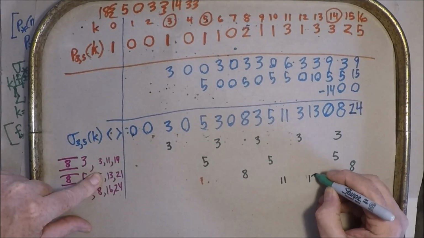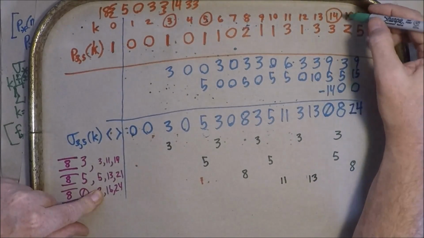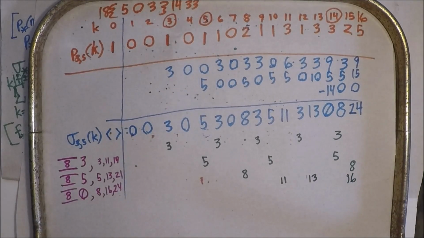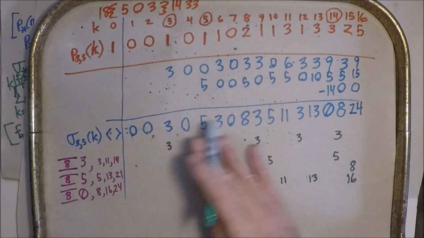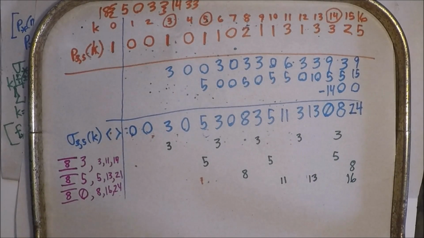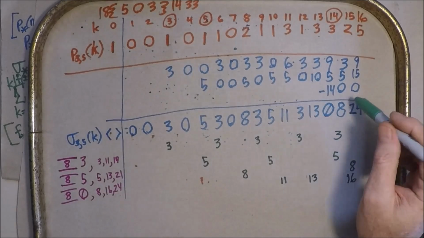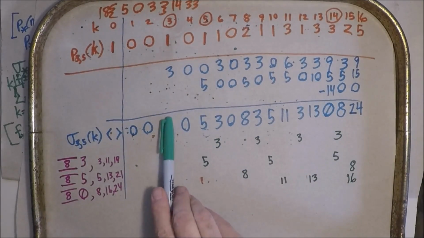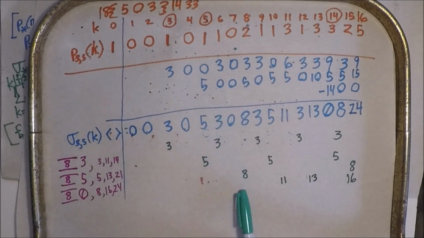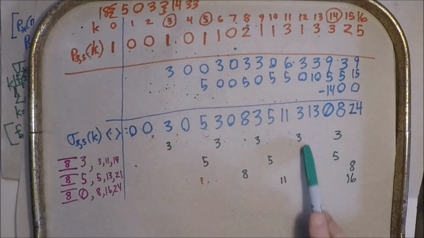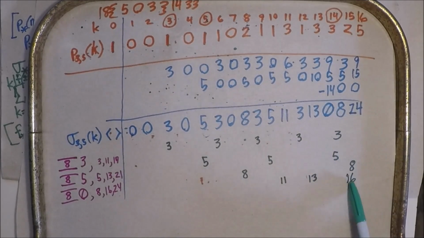We'll have a 13. And then we'll have a 16. And there we go. That completes it. There's no other divisors of these things to write in here. So 3, 5, 3, 8, 3, 5, 11, 3, 13, 8, and 24.